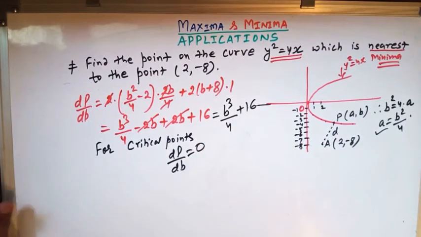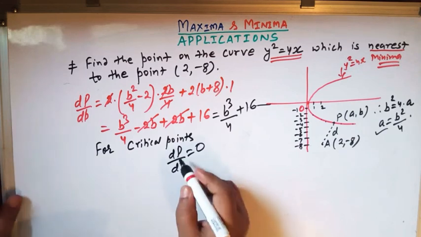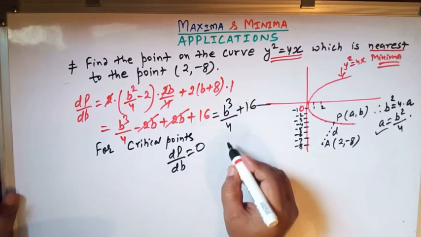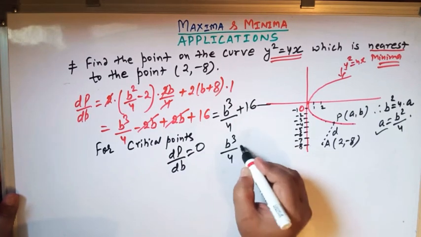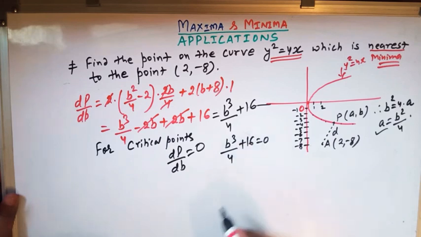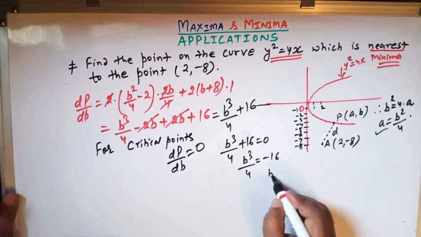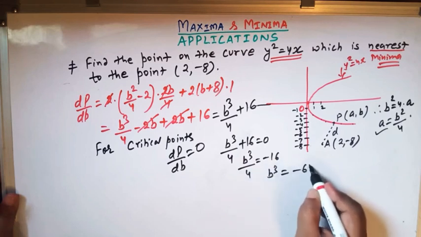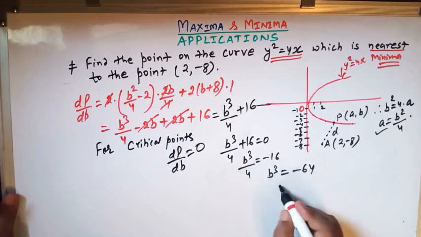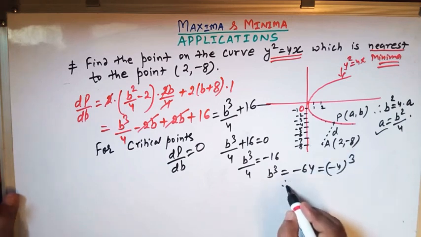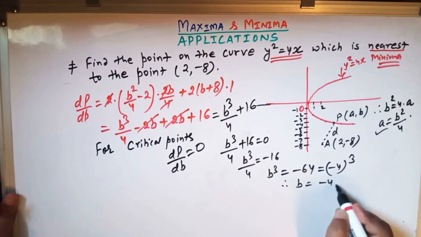Okay, now dp over db equal to 0 gives us b cube by 4 plus 16 is equal to 0. So b cube over 4 is equal to minus 16. b cube is minus 64, 4 times 16 is 64, and this can be written as minus 4 cube. So therefore b is equal to minus 4.